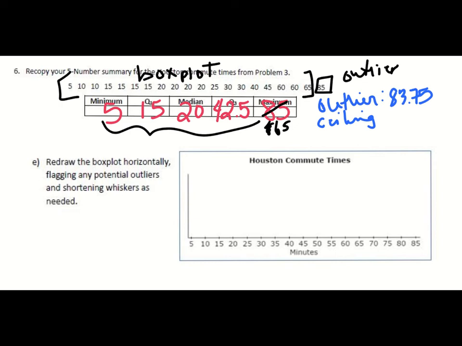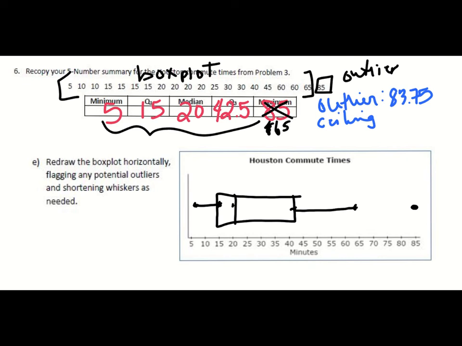So when I go to draw my box and whisker plot, I'm going to do 5, 15, 20, 42.5. And now instead of going to 85, I'm going to stop at 65. Here is my box plot. I'm going to stop it here at 65. And instead, I'm going to draw a separate outlier at 85.